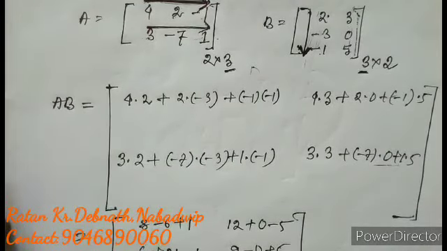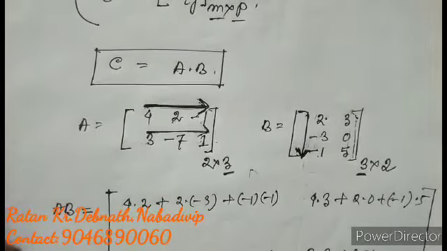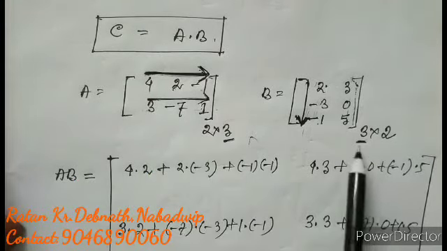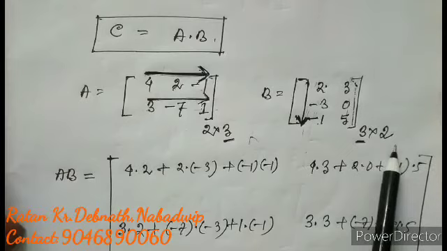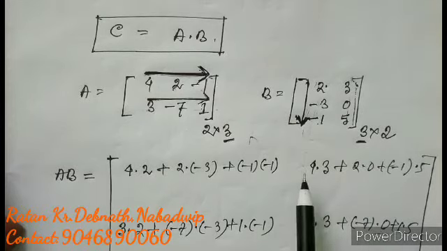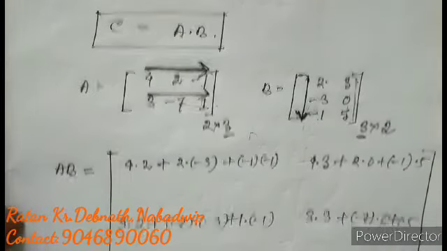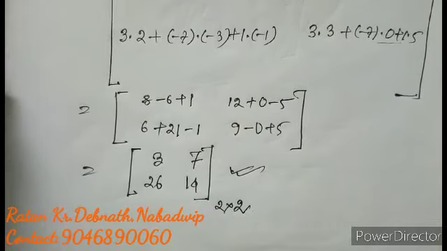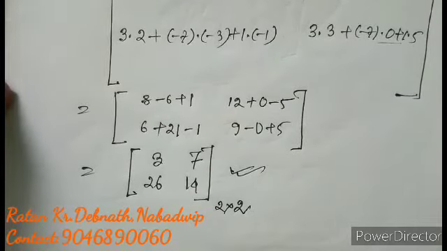And in our example this actually happens. This is 2 cross 3, this is 3 cross 2, so the order of the resultant matrix will be 2 cross 2. This is how we can multiply two matrices.